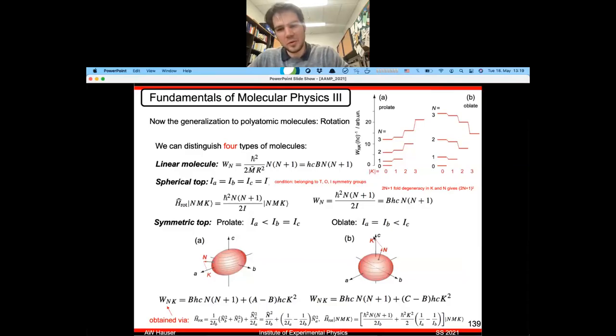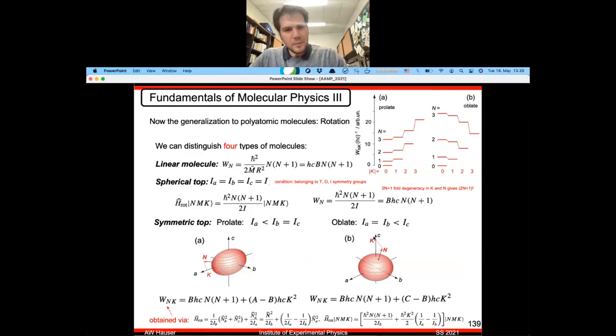And we have two other axes, A and B, where it is smaller. This would be in our pancake analogy axes which are in the pancake plane. Right? So these two axes, orthonormal to each other and in the pancake plane, are the ones with the lower moment of inertia, and the one which is perpendicular to the pancake plane would be the one with the larger moment of inertia.